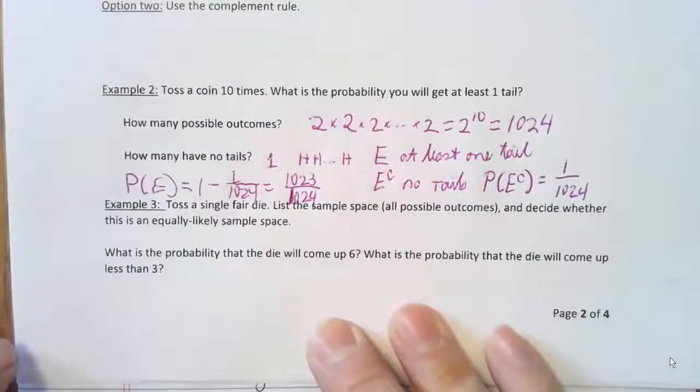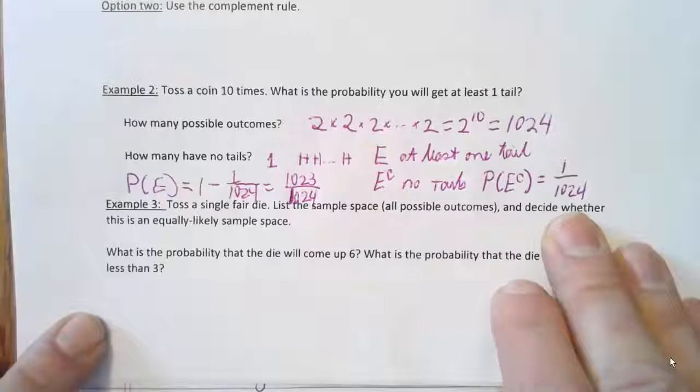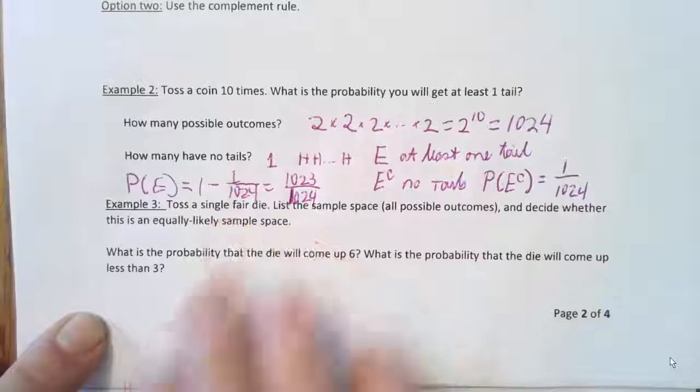And we get that probability then quite easily simply by computing the probability of the complement and subtracting from 1.